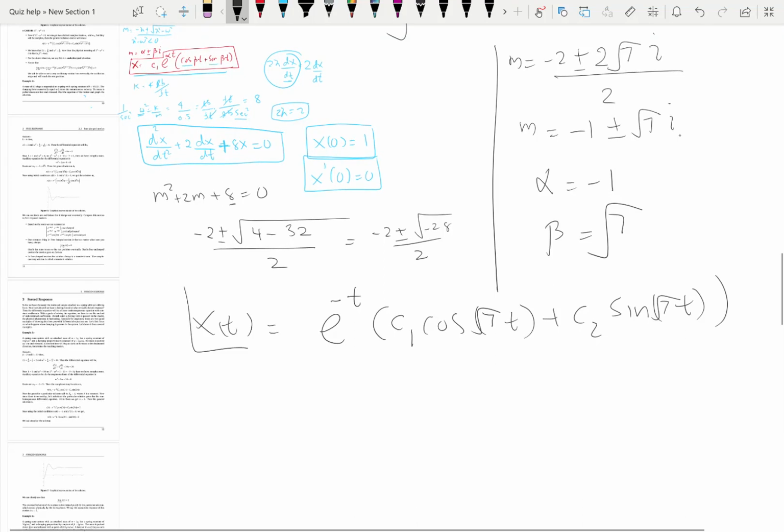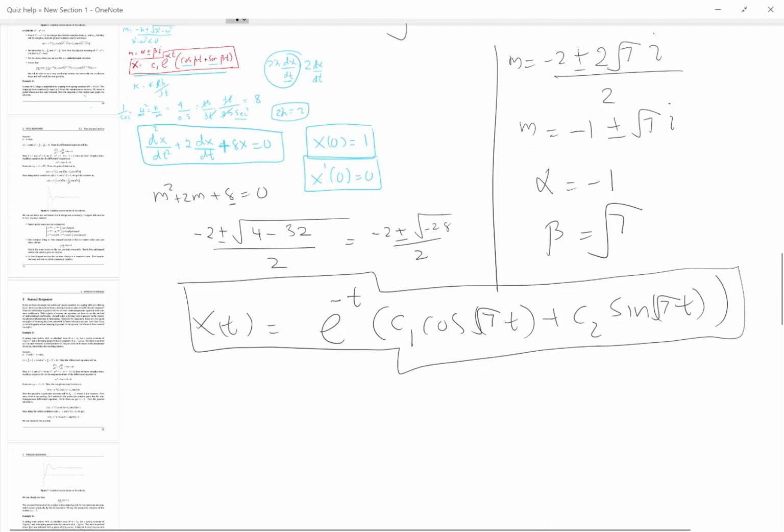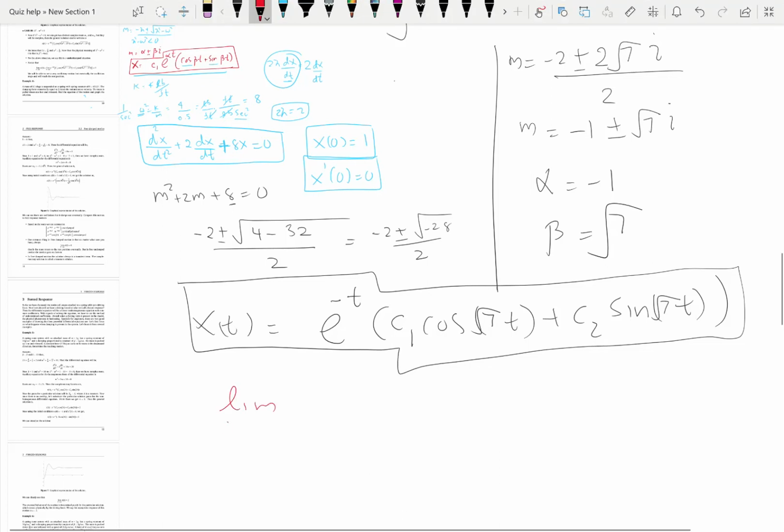Now you can see in the solution you have both oscillations and exponential decay. But what do you think will happen eventually? When time goes to infinity, exponential decay means you approach 0 very fast. Compared to the cosine and sine terms, the exponential term is very powerful.